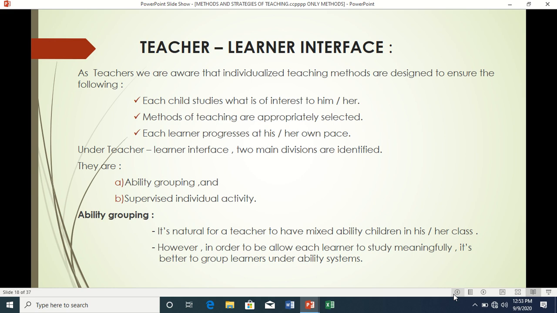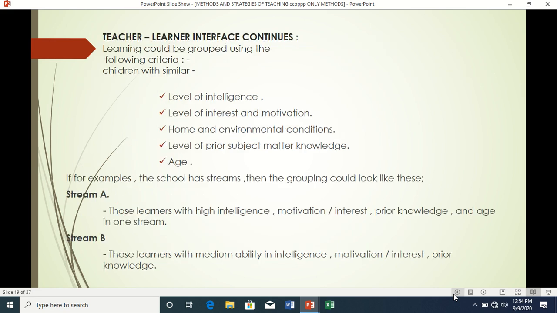So in order that each learner will study meaningfully, it is better, we agree, that we as teachers group our learners under ability systems. You remember when we were talking about the theories of learning, Jean Piaget made us aware of the levels of development, growth, and cognitive development.